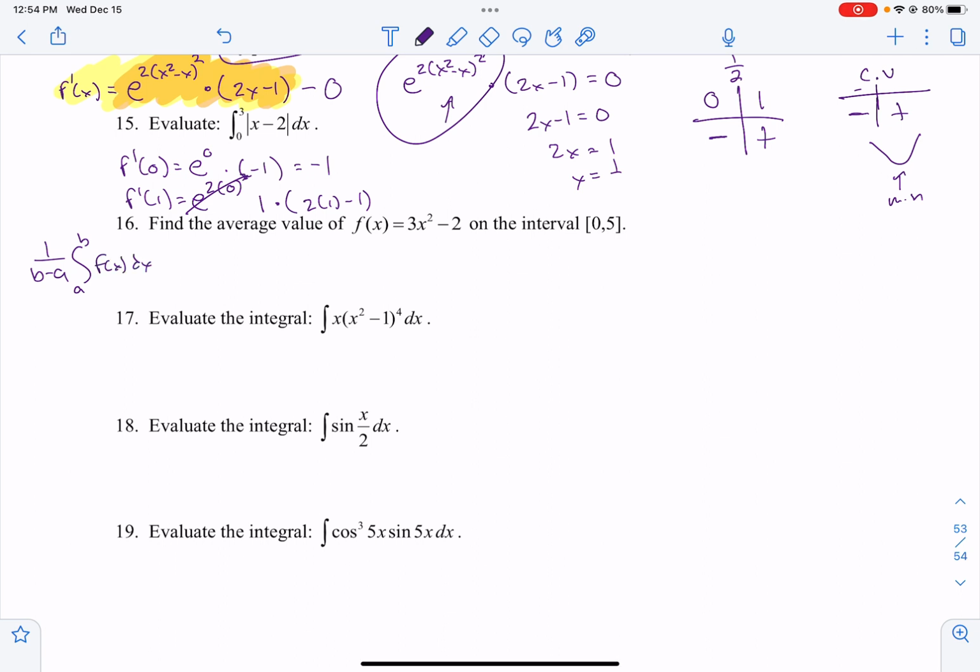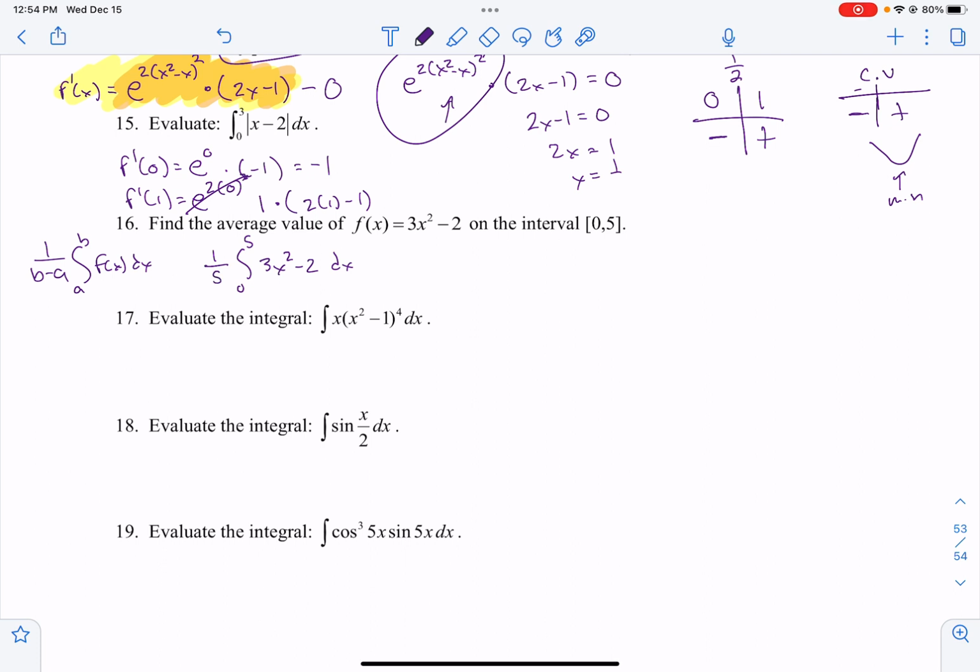So I have my function f of x. Let's take the integral from 0 to 5 of 3x squared minus 2 dx. And once I find that answer, I'm going to multiply that by 1 over 5 minus 0, which is just 1/5.